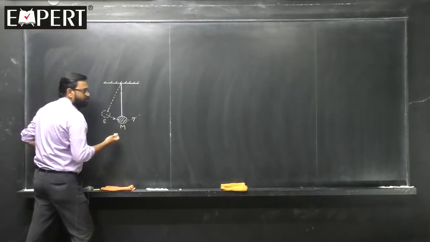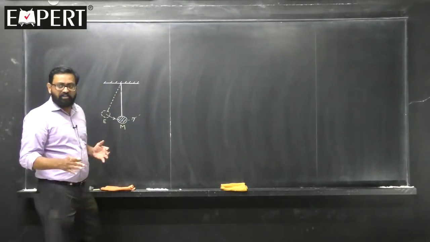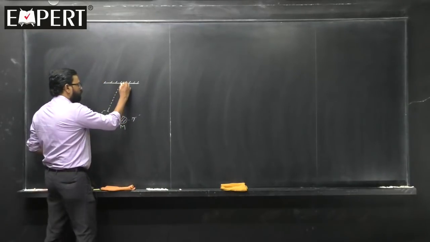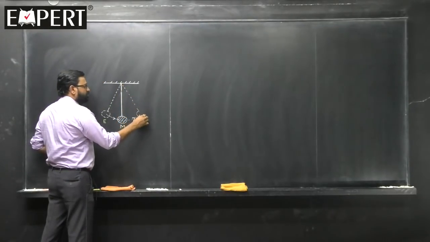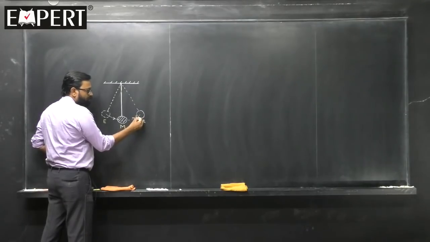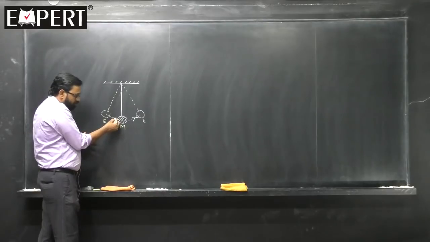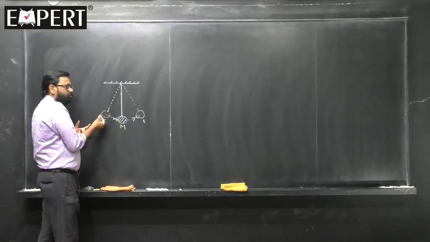While it is moving towards the other extreme position, its velocity goes on decreasing, and again it will stop at the other extreme position. Again it will start moving back towards the mean position, and after crossing the mean position, again it will start moving towards the extreme position.